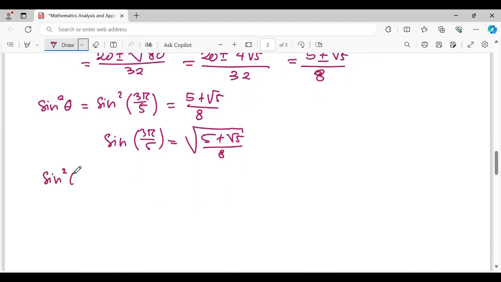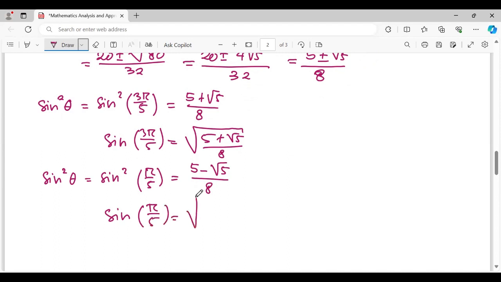Another, sine squared pi over 5 is (5 minus square root 5) over 8. So sine pi over 5 equals the square root of (5 minus square root 5) over 8.